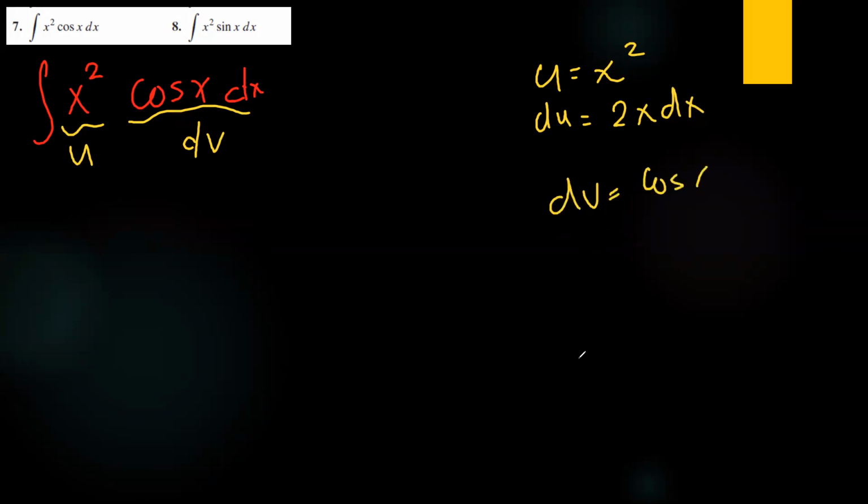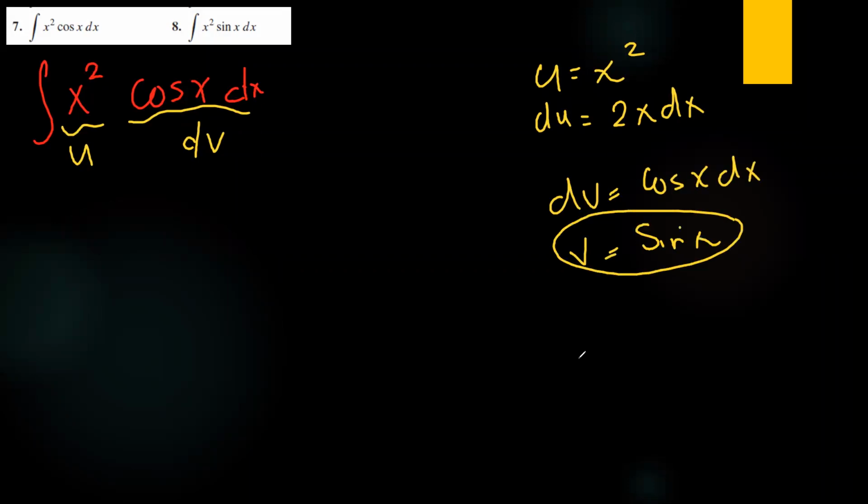Now, if u is x squared, then du will be 2x dx. And if dv is cosine x dx, then v will be the integration of cosine, which is sine x.